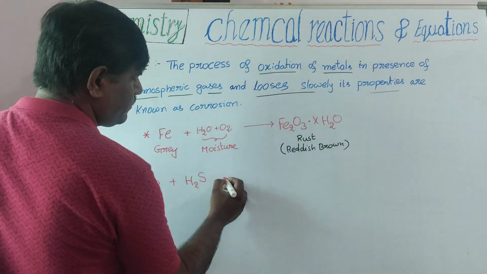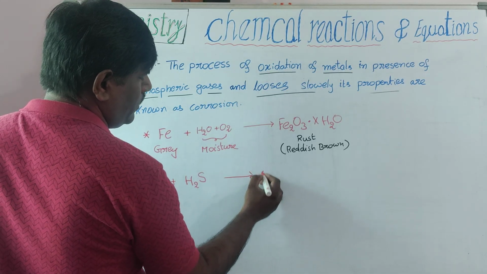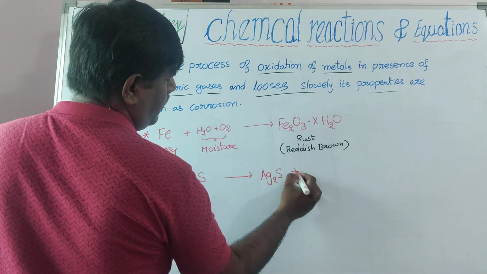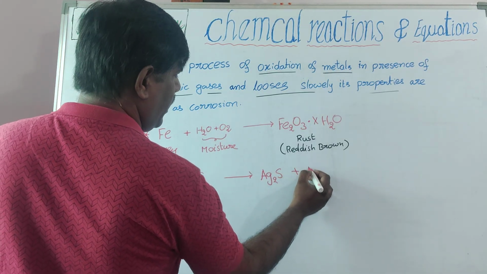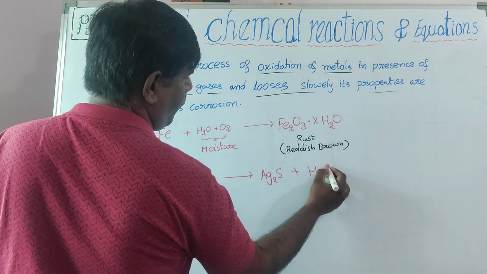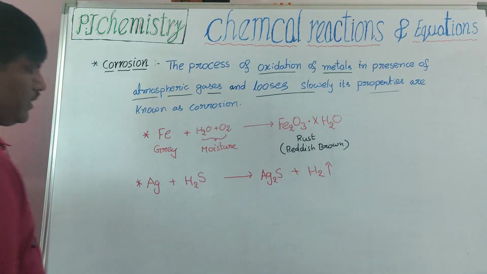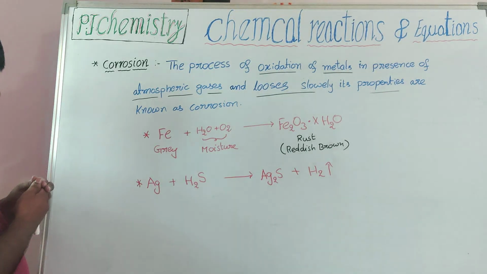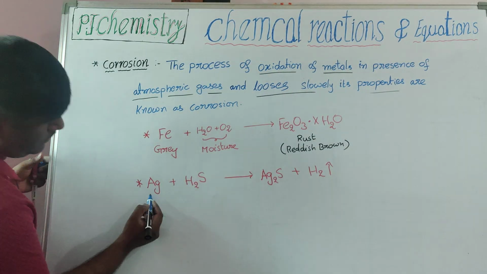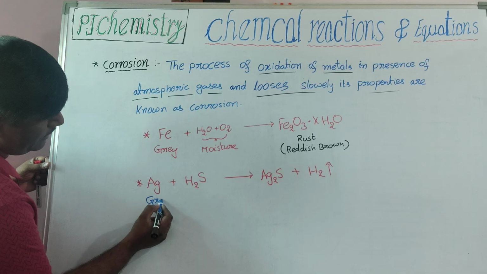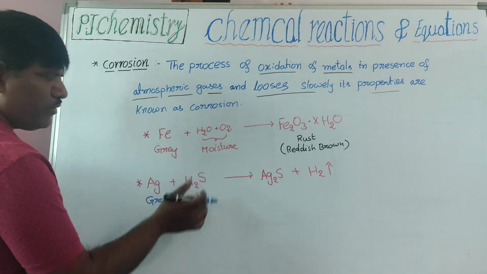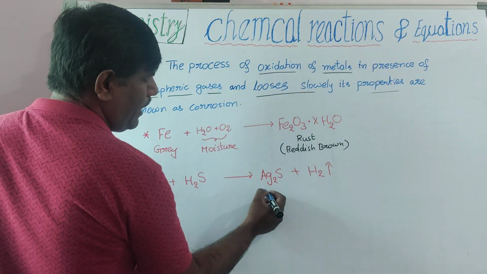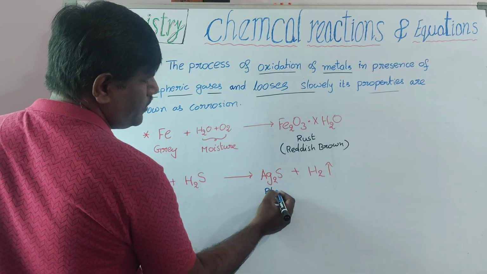It will form Ag2S plus hydrogen gas. Silver is in which color? Initially gray in color. After contact with hydrogen sulfide, it changes to black. On its surface, we will observe black in color.